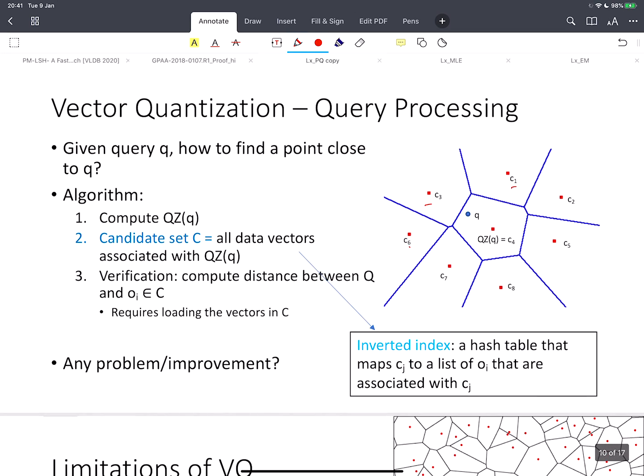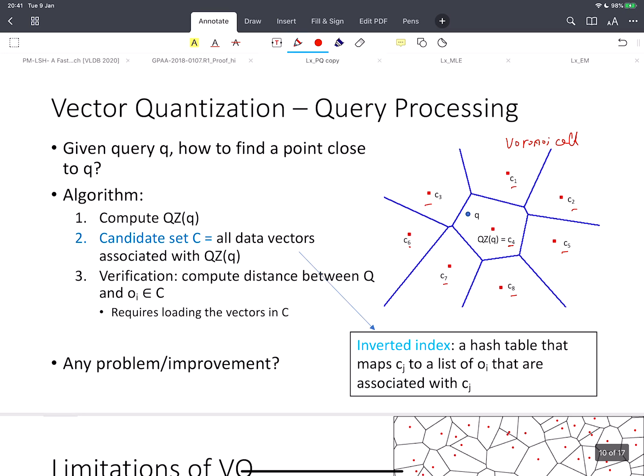So these are code words, and you also have one point here. So they actually uniquely define a partition of the space such that the space is partitioned into cells. Each cell is actually called a Voronoi cell. I think it's spelled like this.